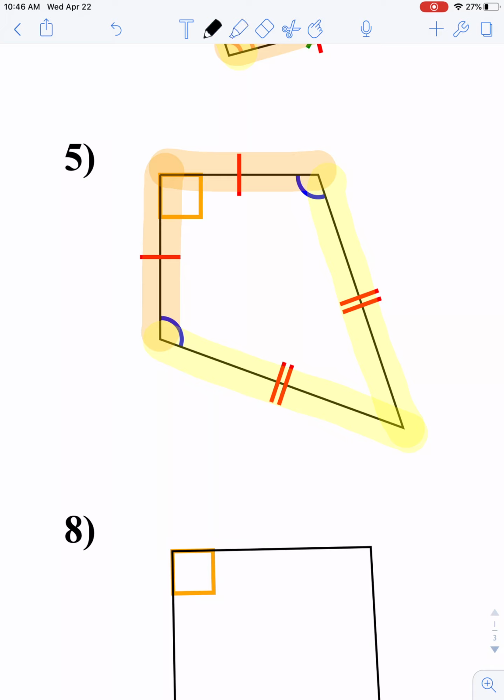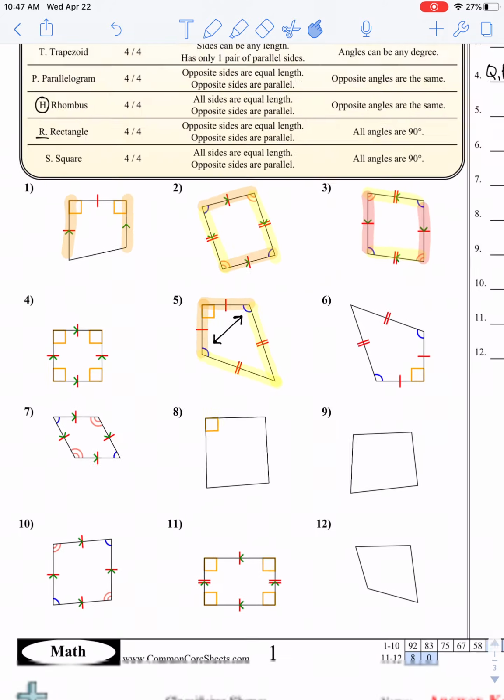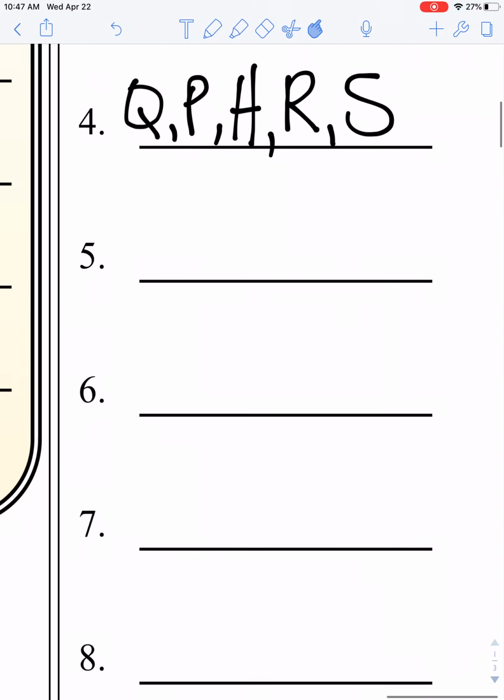There's also the angles across from each other that are the same measurement. So that makes this guy a quadrilateral because it's 4 sides, and it also makes it a kite. Okay, so for number 5, we're going to label it a quadrilateral and a kite.